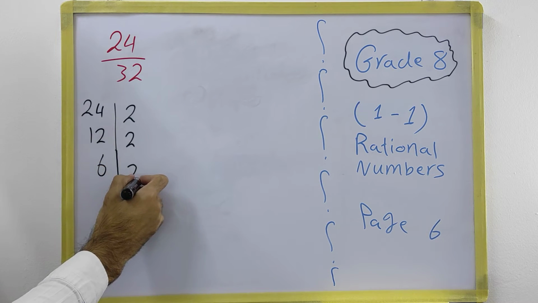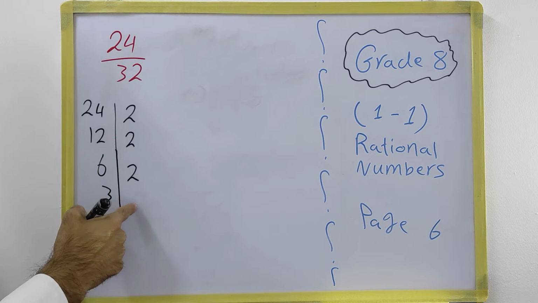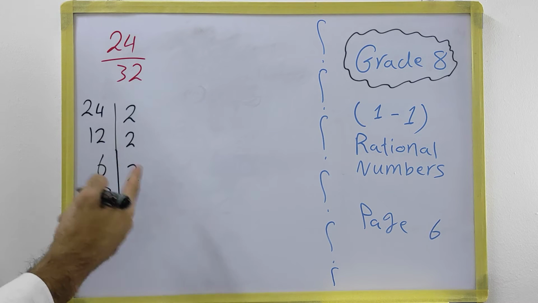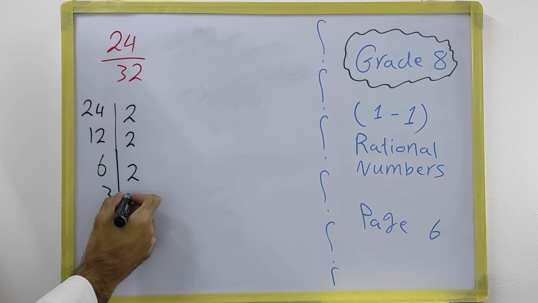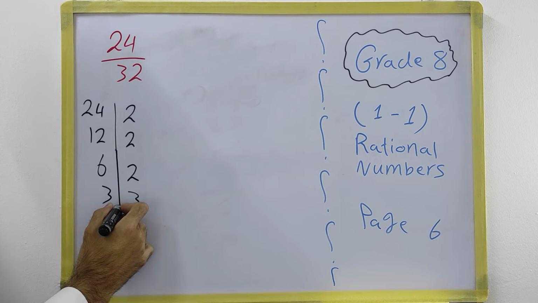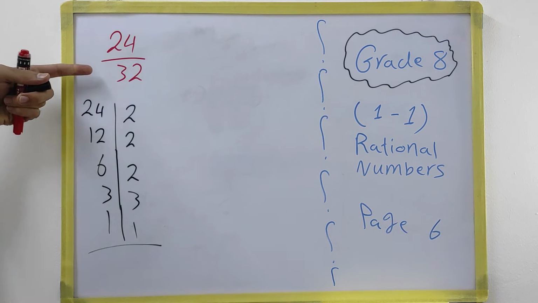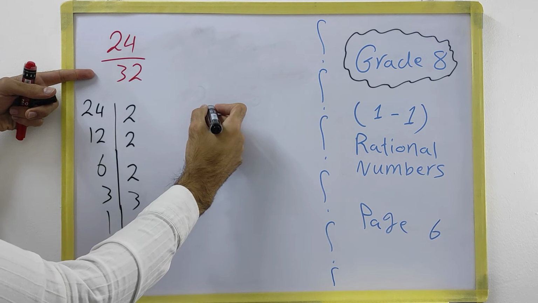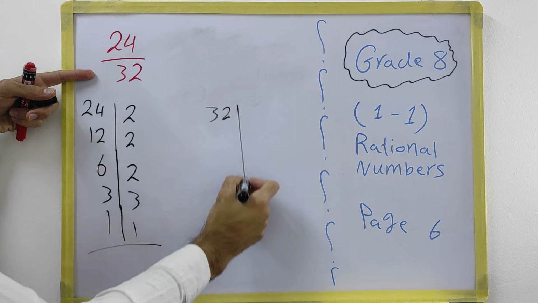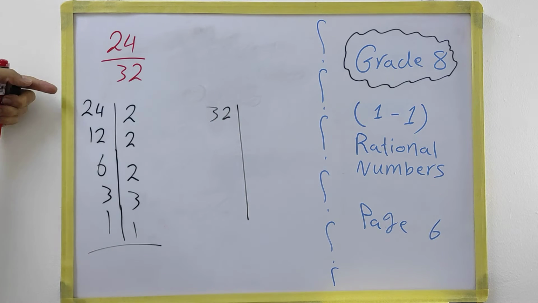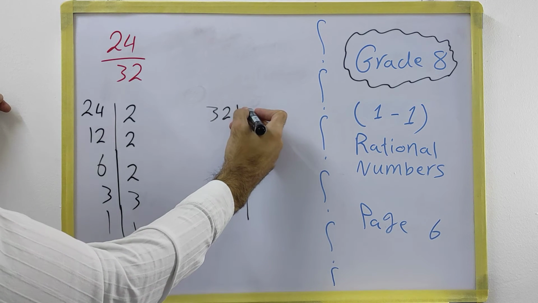6 divided by 2 again, 3. Can 3 be divided by 2? No, we go to 3. 3 divided by 3, yes, it's 1. In the end, when we got 1, that's all. That's how we factor 24. And we factor 32 on the other side. 32 can be divided by 2.